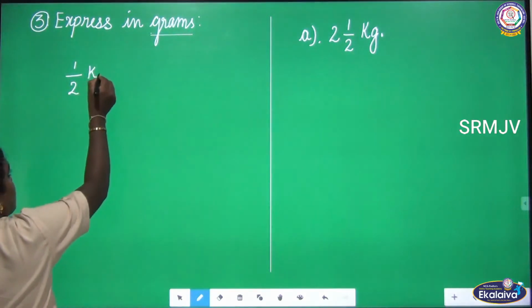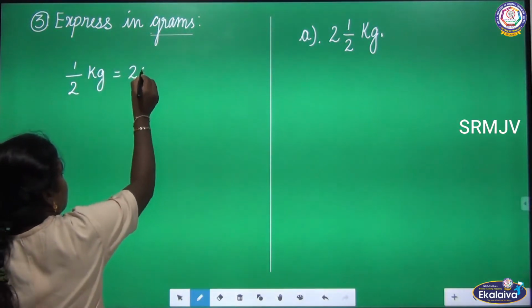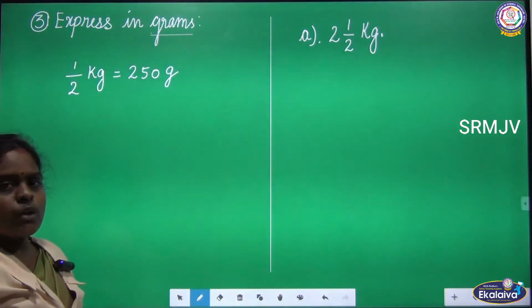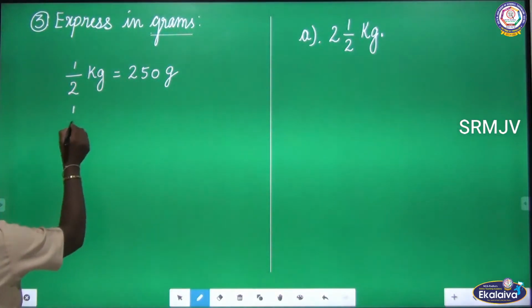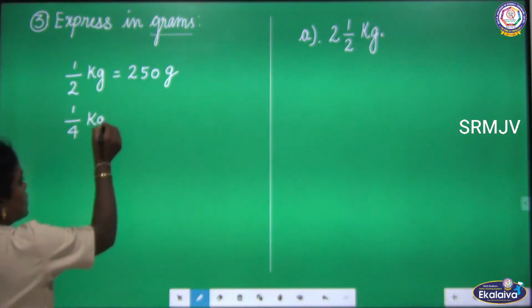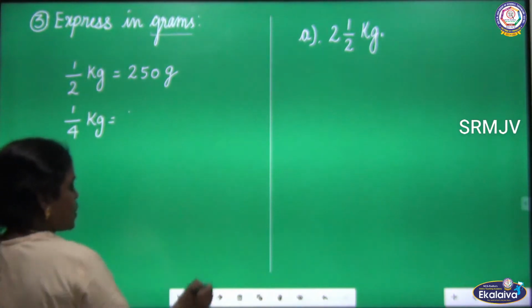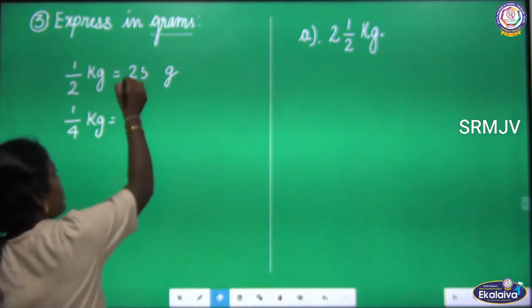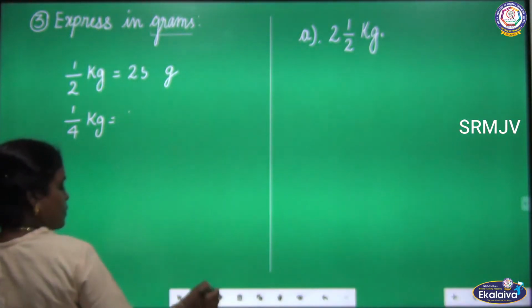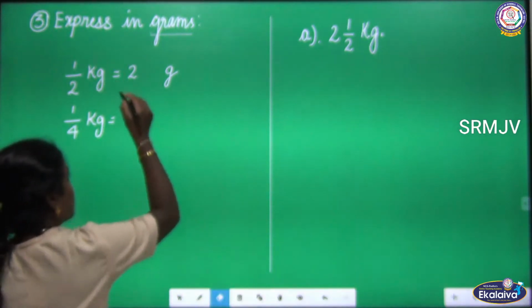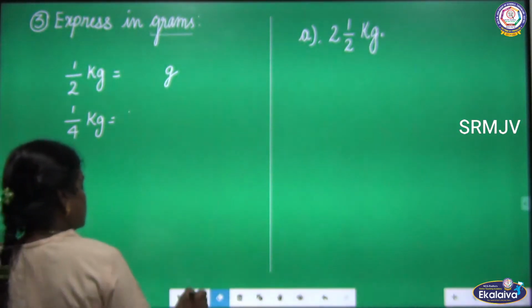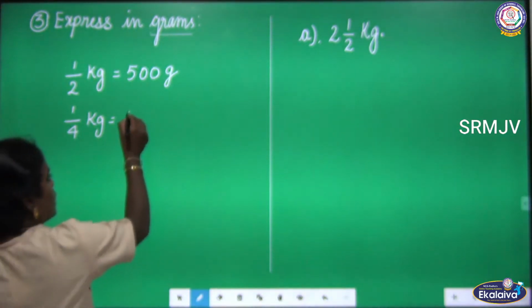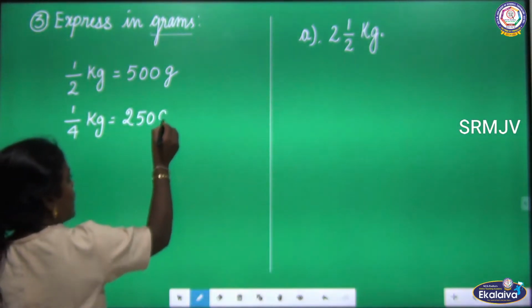1/2 kilogram equals 500 gram. 1/4 kilogram equals 250 gram.